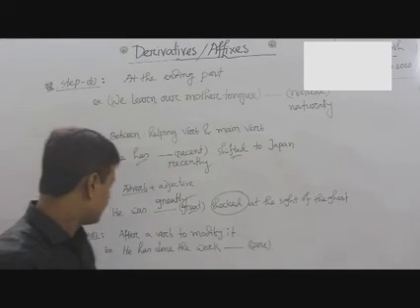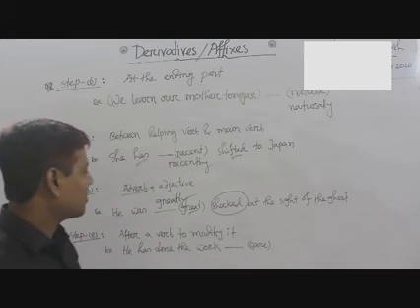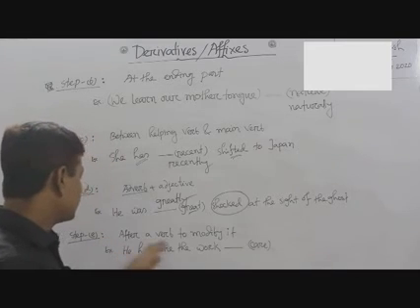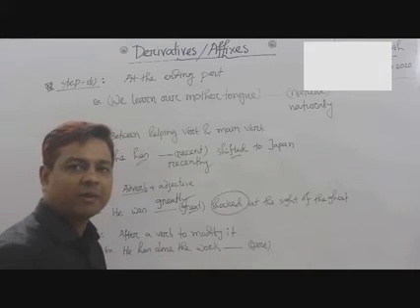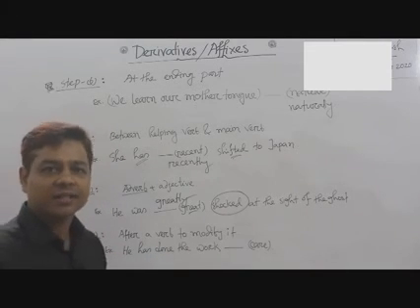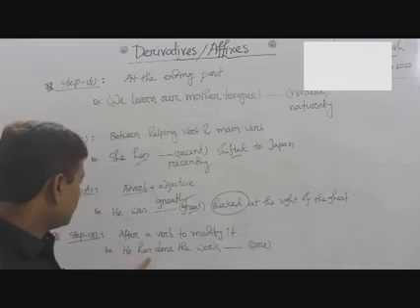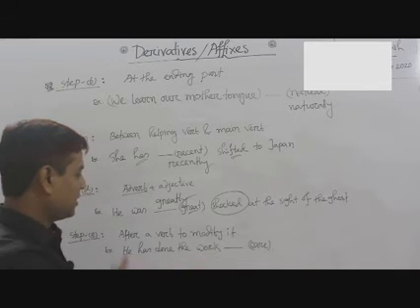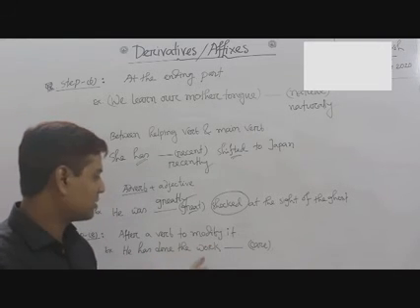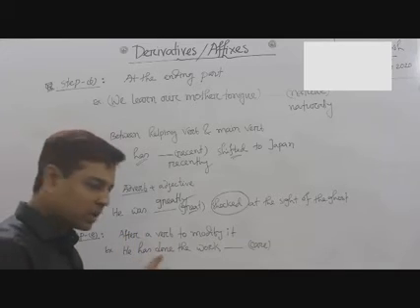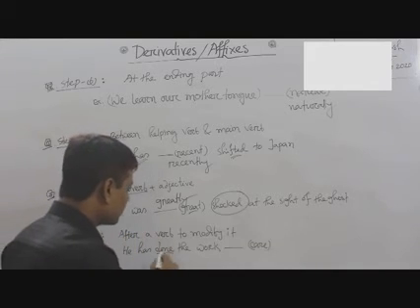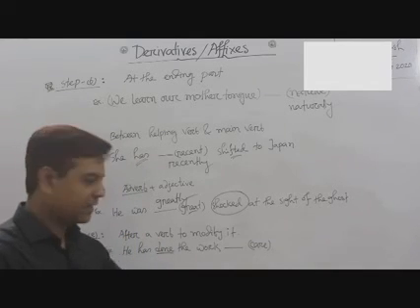And in the final rule, after a verb to modify it. Here we see that to modify the verb, an adverb can be used just after it. In this example, he has done the work. The task is completed, but to modify the verb done, we can use an adverb.